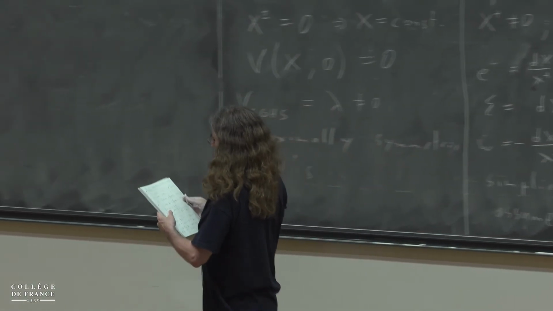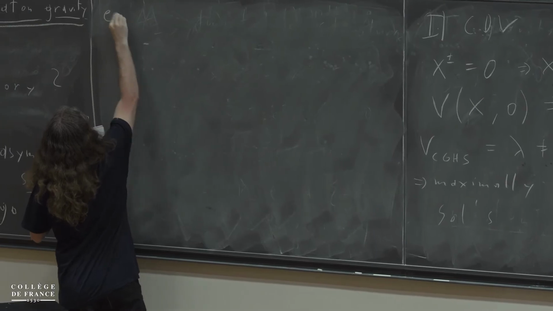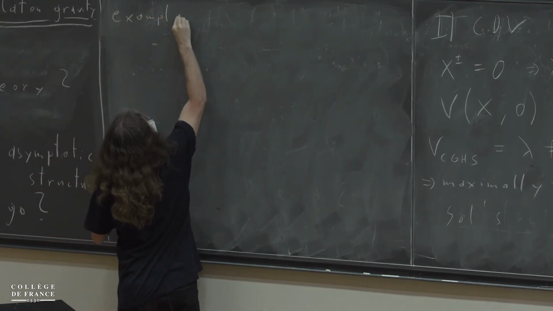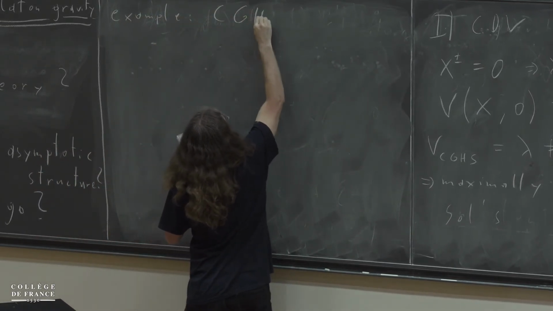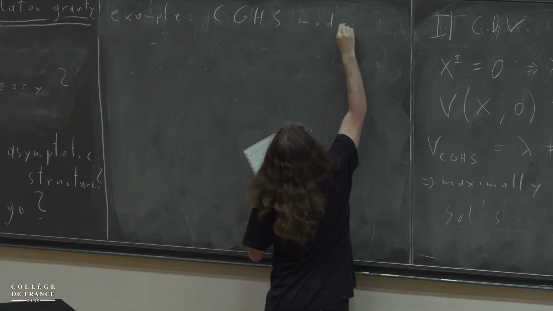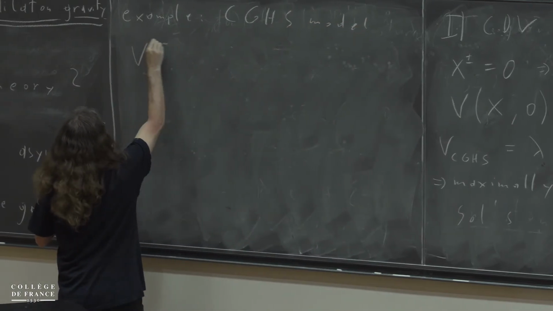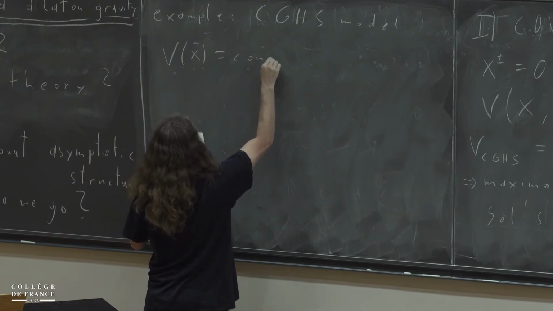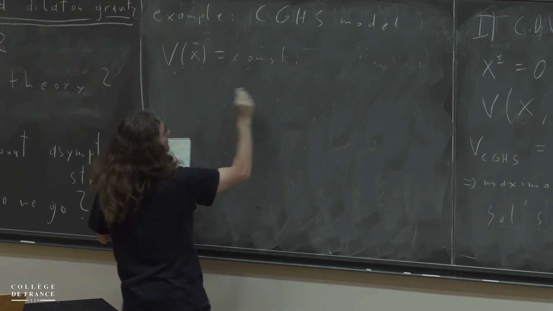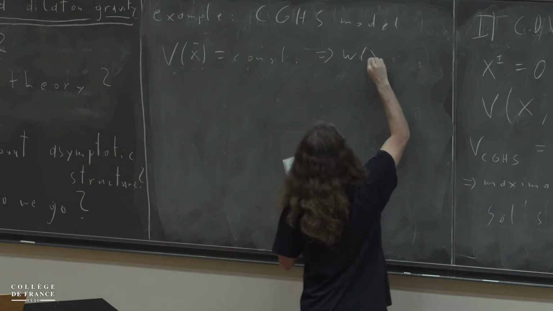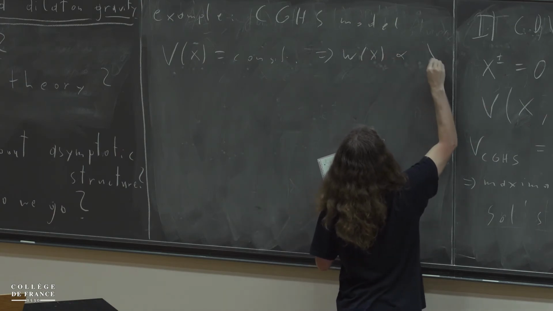So I focus now on an example, namely the CGHS model. So v of x is constant, and therefore w of x is proportional to x.